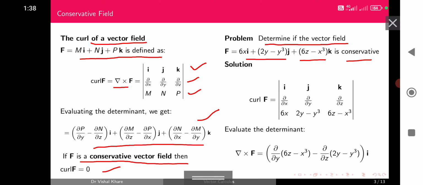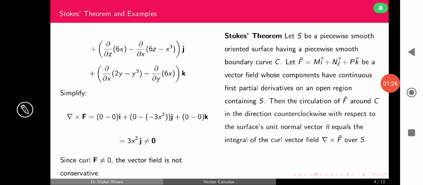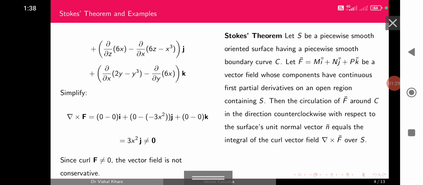Write curl F as the determinant and evaluate it by putting in the values of M, N and P. We will get del cross F = 3x^2 j, which is not equal to 0. Since curl F is not equal to 0, the vector field is not conservative. And if it is equal to 0, then the field is conservative.